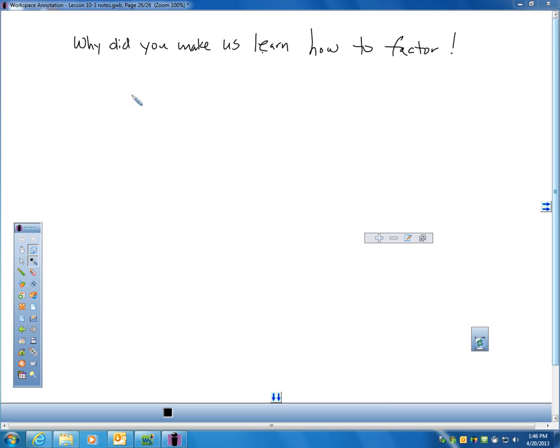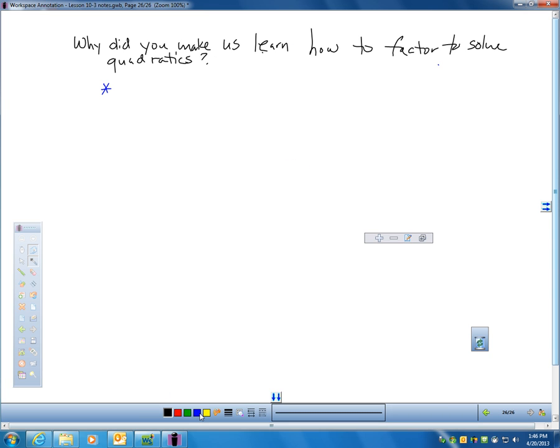All right, so factoring is something you definitely want to know how to do. That might be a good thing for me to write down, because I could ask that on the audit. The answer to this is, why did you make us learn how to factor to solve quadratics? Let me just add that, to solve quadratics. Because remember, you're probably on this video thinking, wow, this whole calculator deal is great. I don't have to do any work, I can get the answers.